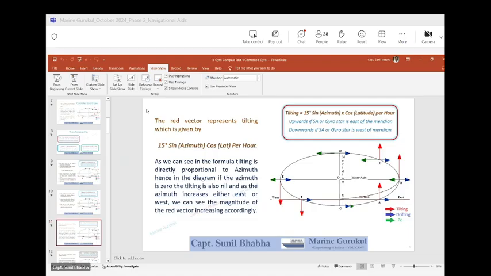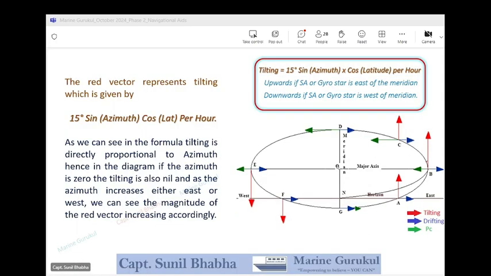We now move on to the tilting vector. Let us see how the tilting vector is put in this diagram. So let's move on to the second force in action here, the second force which we are going to discuss now is the tilting motion. In this diagram the red vector represents the tilting.